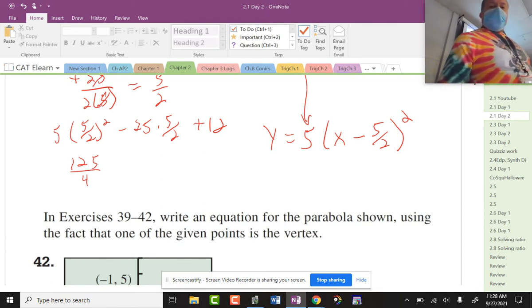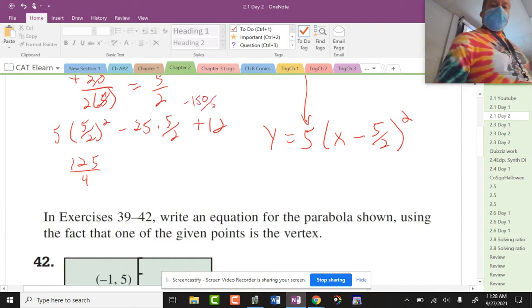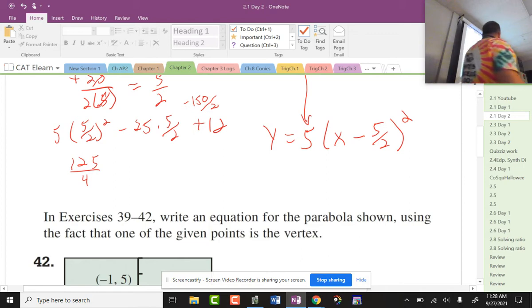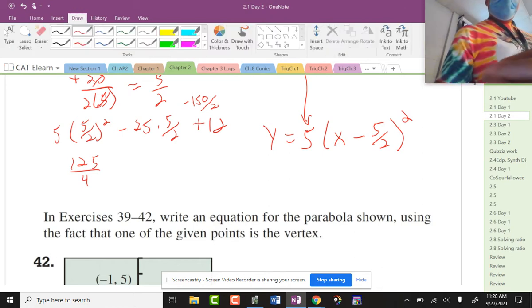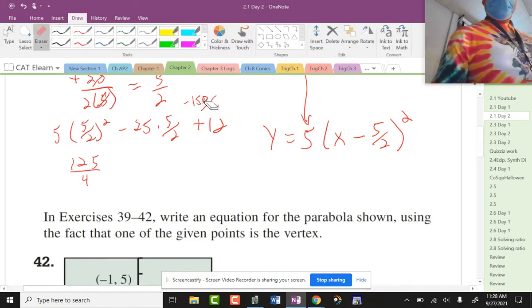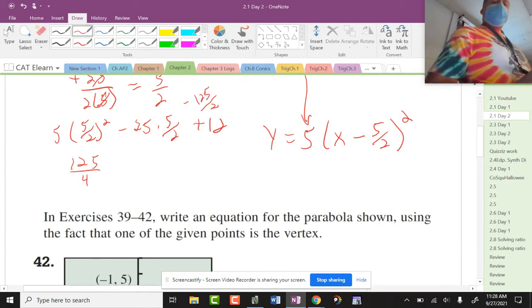This is negative 150 halves. I'm going to be a bum and write that up here, because it's 5 times, that's not right. What's 5 quarters? I was never good at math. How much is 5 quarters? A buck what? 25. Oh my goodness. It is Monday. I guess I could use that as an excuse.